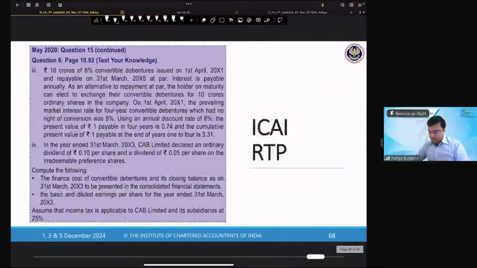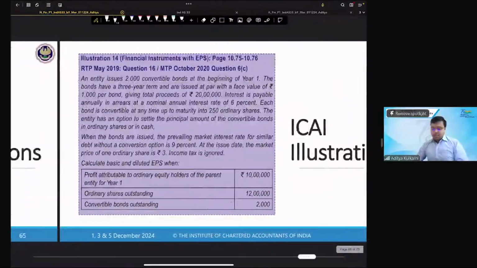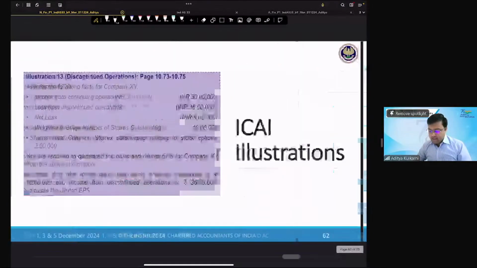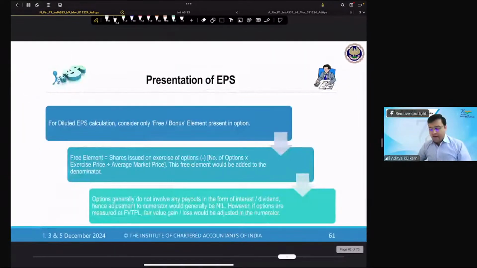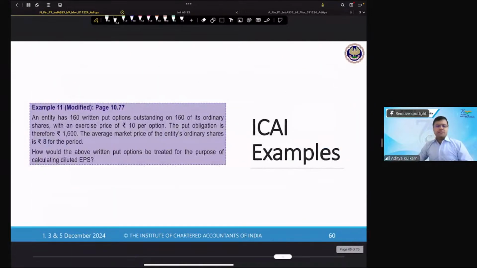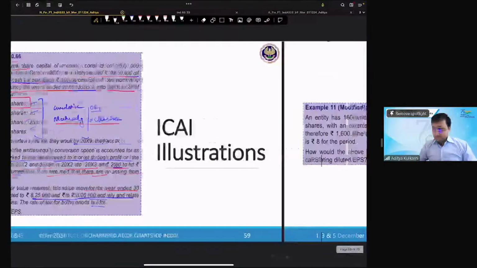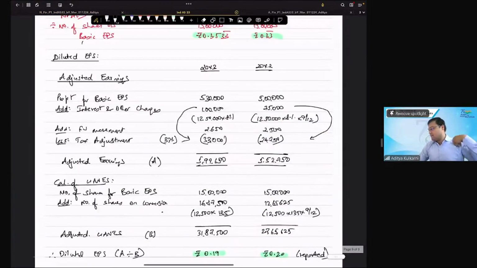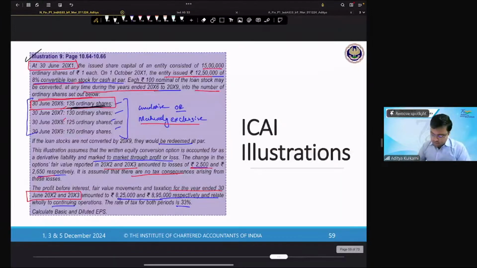It's almost done. We don't have much left. Next session, we'll have two new concepts: participating preference shares and contingently issuable shares, and some presentation of EPS. That's about it. So with that, I think we are almost through. I will leave some things for homework.